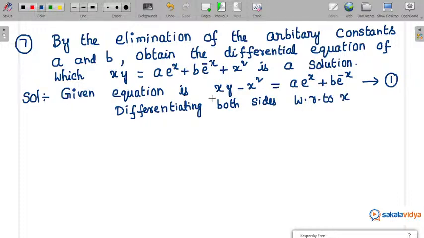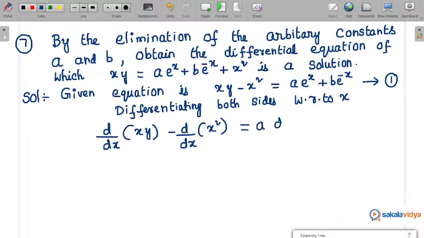Here, very interesting: xy minus x square differentiation means d by dx of xy minus d by dx of x square. This is very important, you must remember. And a times d by dx of e power x plus b times d by dx of e power minus x. I hope it's very clear to you.